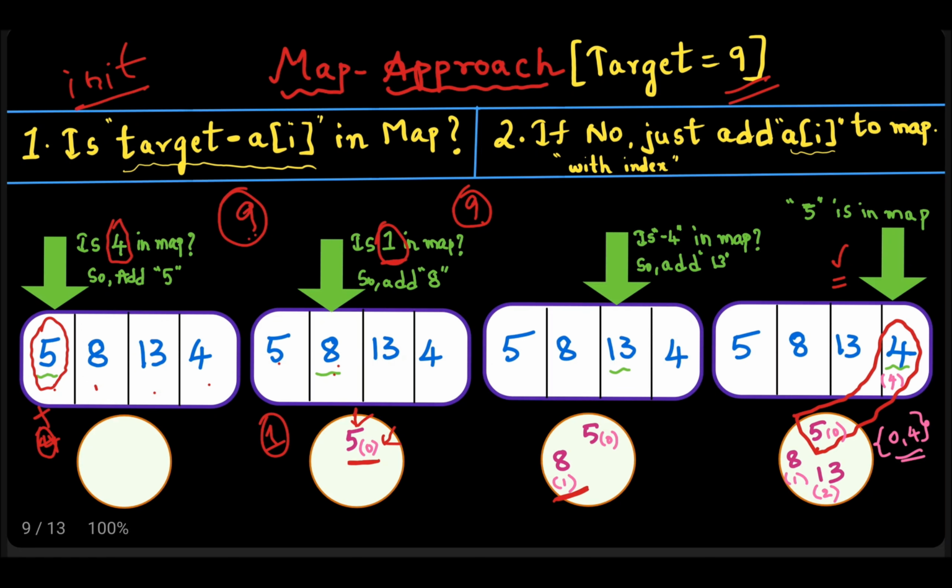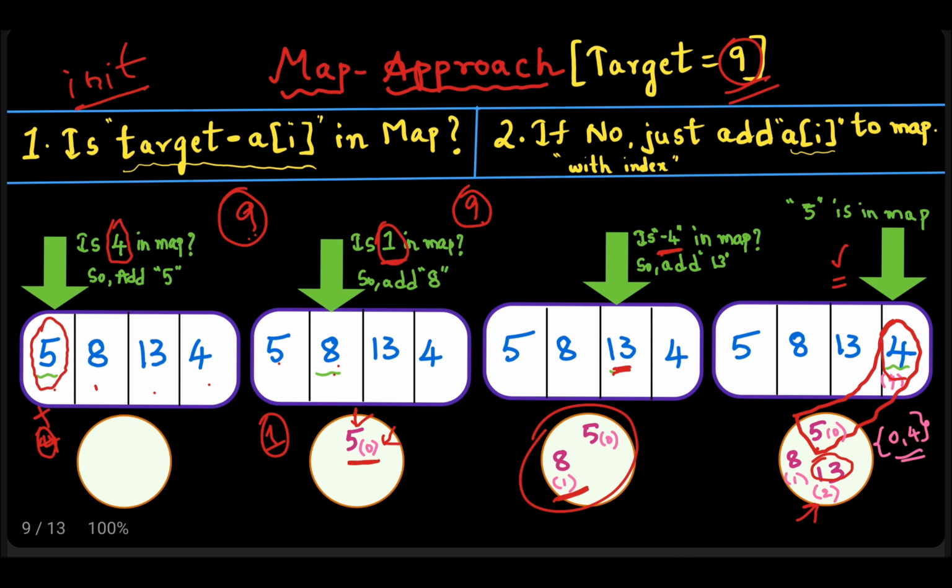Now the third step, 13. For target 9, I need minus 4. Does minus 4 exist in the map? No, it doesn't. So again, add 13 to the map as the key with its index 2 as the value. Now my final step is 5 in the map.